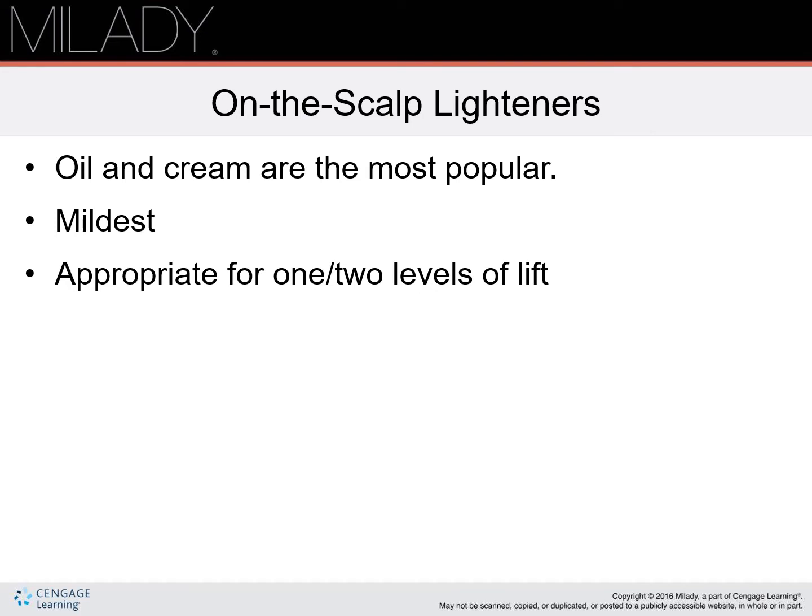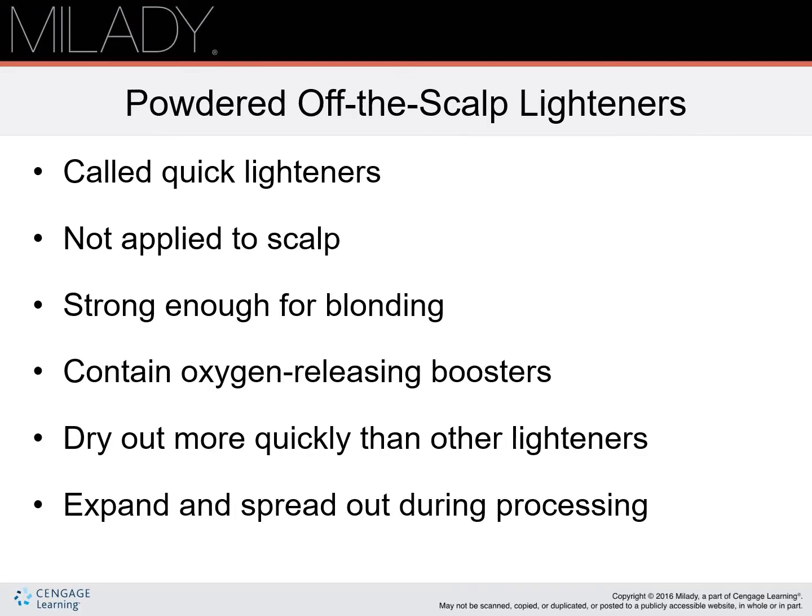So cream lighteners can lift you high, but they also are going to give your hair a little bit of moisture. They have a little bit more of those conditioners in there, so that they are a little bit more healthy for the hair.